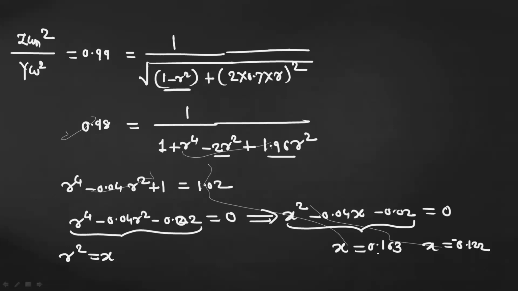The first value is plus 0.163 and the second is negative, so we will neglect the negative value. So take x as 0.163. What is x? It is nothing but r square. So r square is equal to 0.163, and therefore for the r value, take the square root, so it is 0.4.